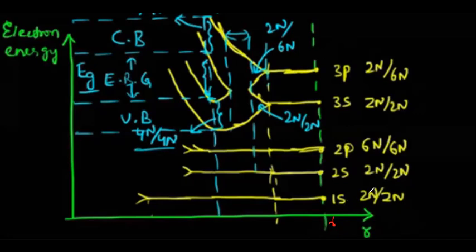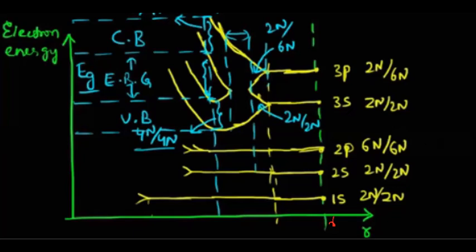So in 1s, we have 2 electrons filled, out of 2 positions. In 2s, 2 electrons filled out of 2 positions. In 2p, 6 electrons filled out of 6 positions, right? Same with 3s and 3p. Okay. Now, that is for an isolated atom.